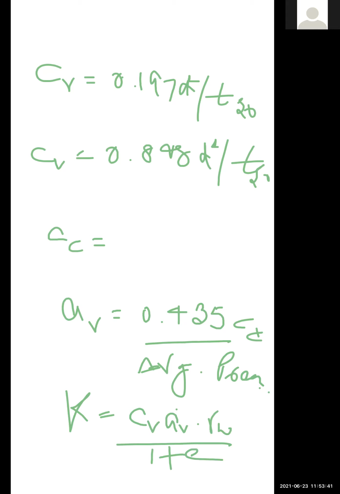So graphs can be plotted with the help of the above observations: dial reading versus log of time, or dial reading versus square root of time, and also void ratio versus log sigma, that is average pressure of the increment.